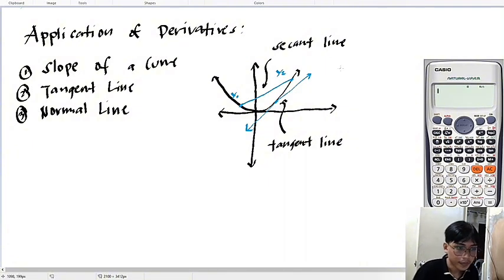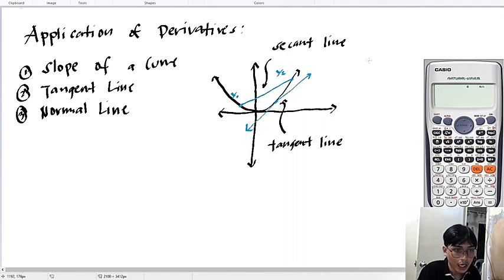Okay. Now, the question is, what is the first derivative? Is it the slope of our secant line or the slope of our tangent line? Let's find out. If we say secant line, we are getting the average rate of the function, because two points are considered. So we are getting the average rate between the two points, or the average rate of change.